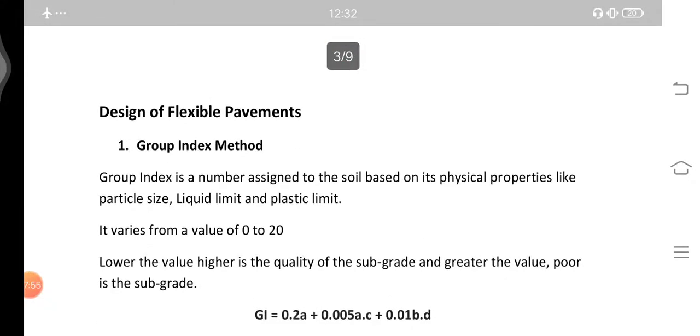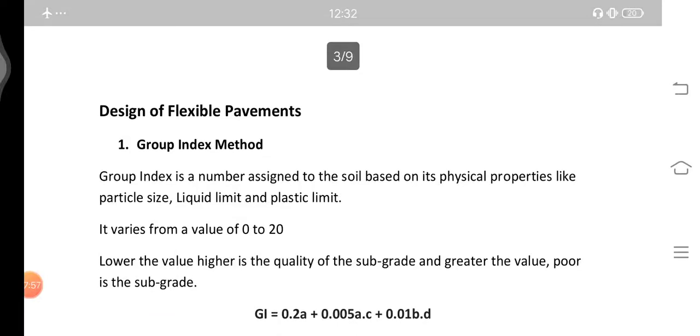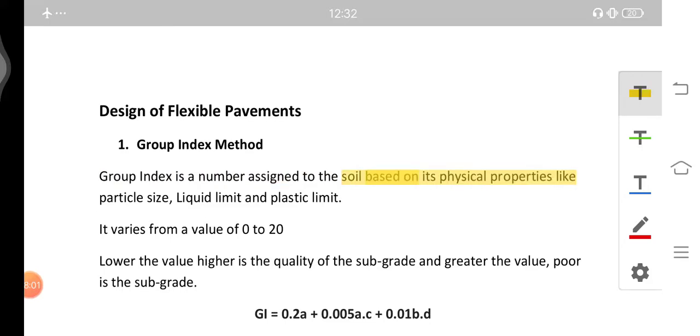Design of flexible pavements. The first process is the group index method. It is a number assigned to the soil based on physical properties like particle size, liquid limit, and plastic limit.